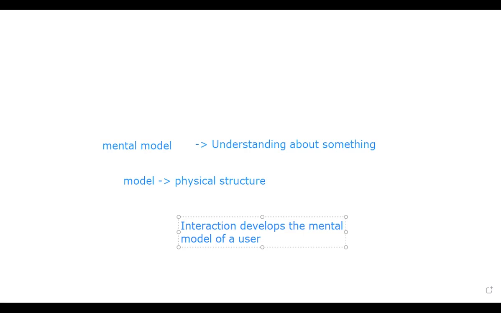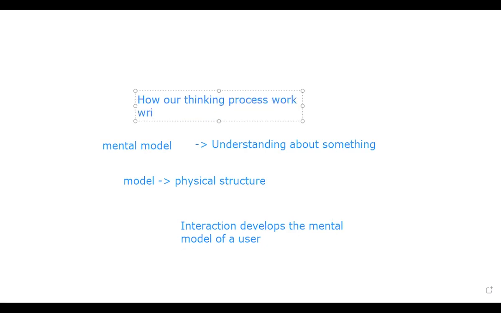But how do we think when we want to do something? How does our thinking process work with the mental model? What do you think? How does our thinking process work with respect to the mental model?